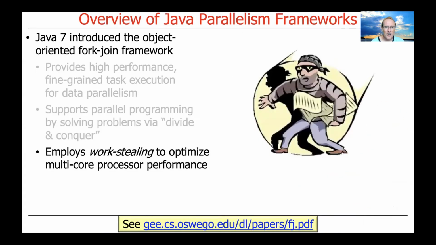The way it works under the hood in Java's fork join framework is by using something called work stealing. I'm not going to belabor what work stealing is at the moment, but basically the idea is that when you've got a pool of threads, each thread has something called a double-ended queue, or a deck, of work that it's supposed to be processing.